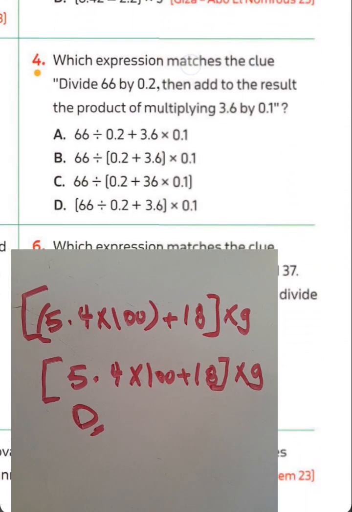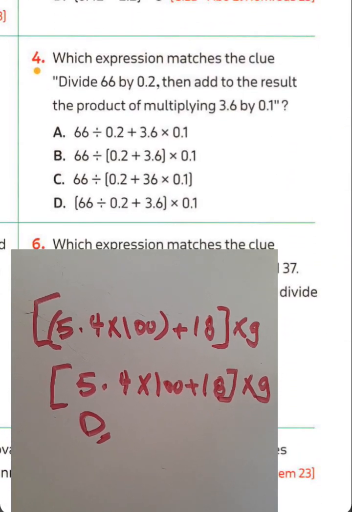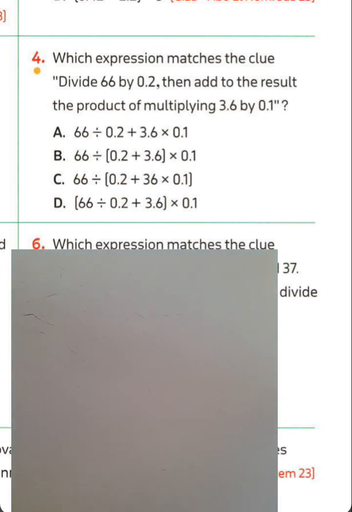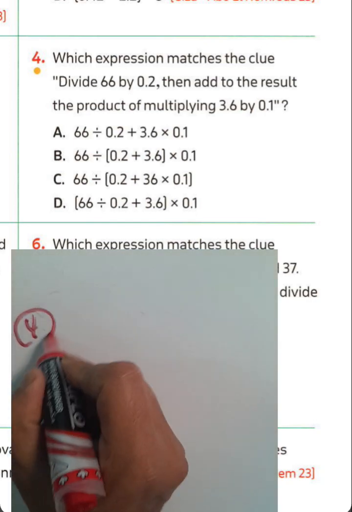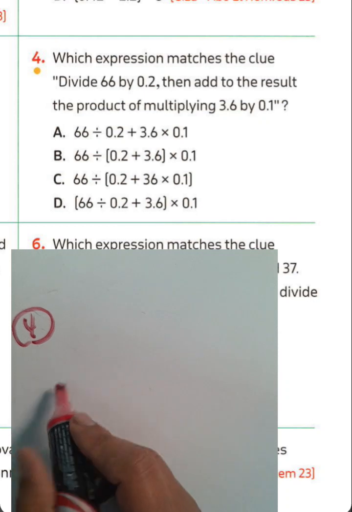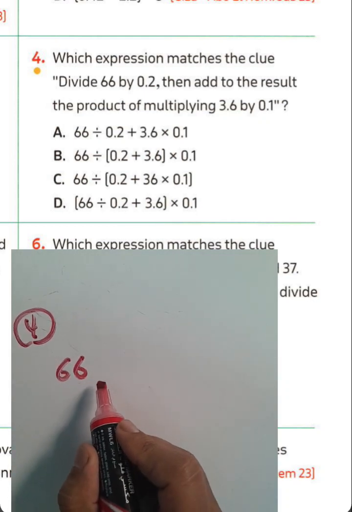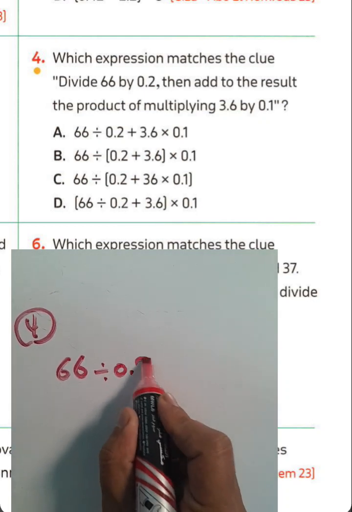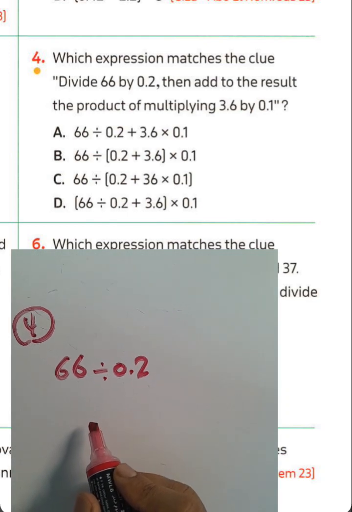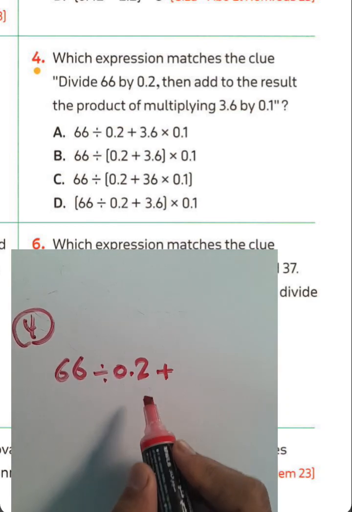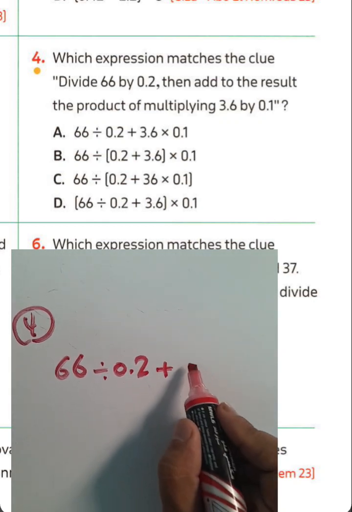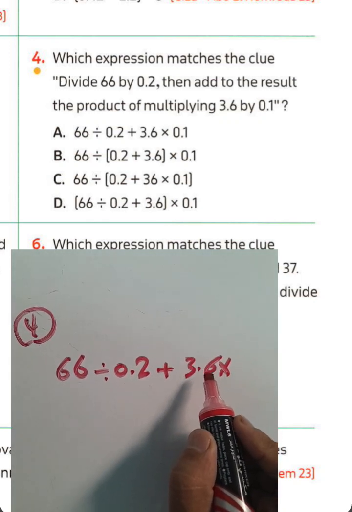Question number 4. Which expression matches the clue? Divide 66 by 0.2 and add the result to the product of multiplying 3.6 by 0.1.